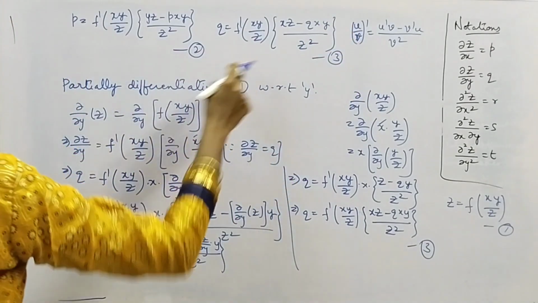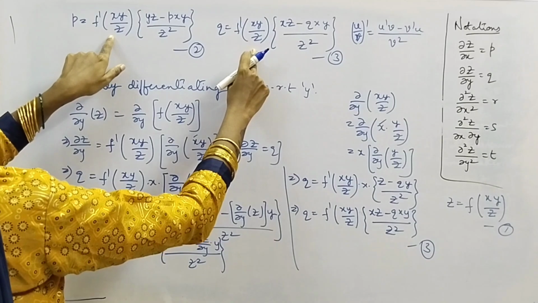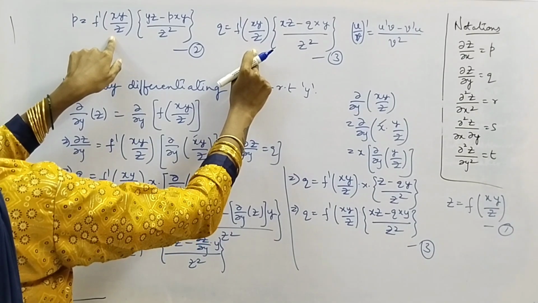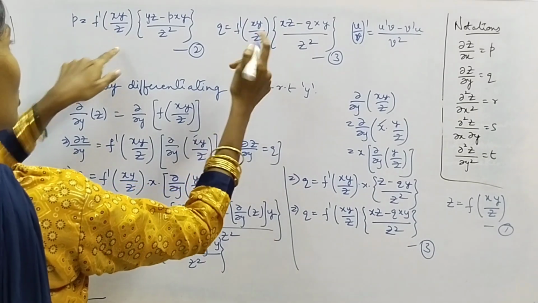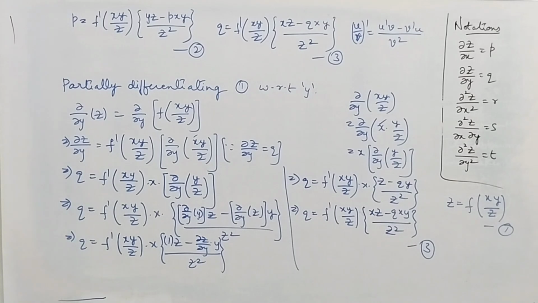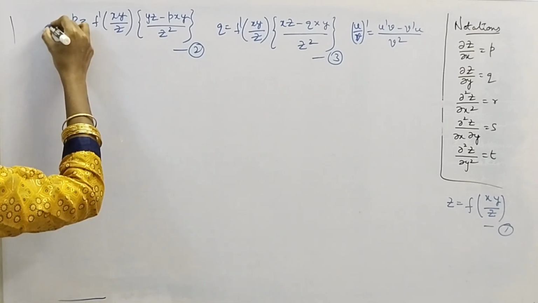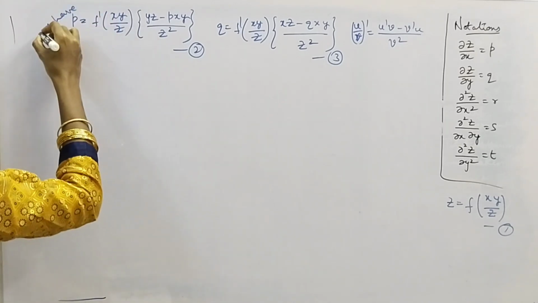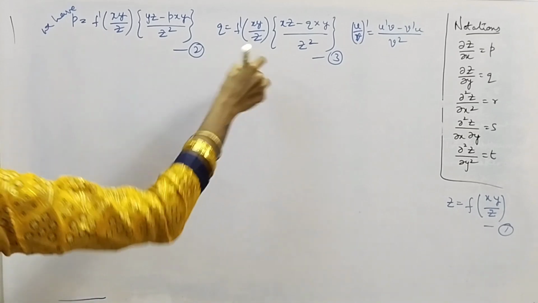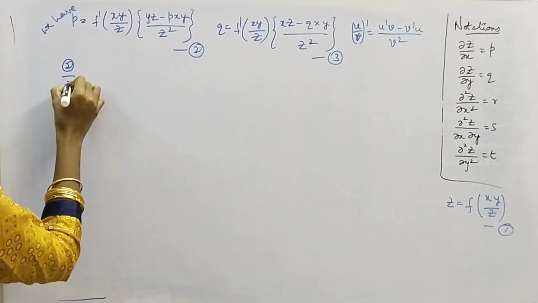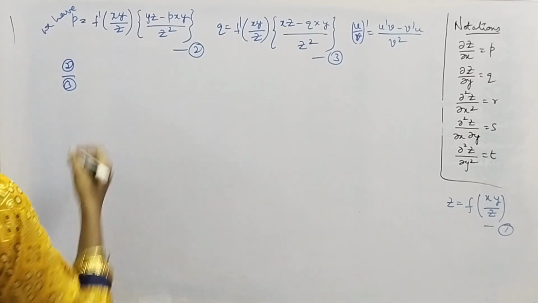Now observe 2 and 3. In both the equations we have f dash of xy by z, which can be eliminated using 2 by 3. We have equation 2 and equation 3. Using 2 by 3 we'll eliminate f dash of xy by z.